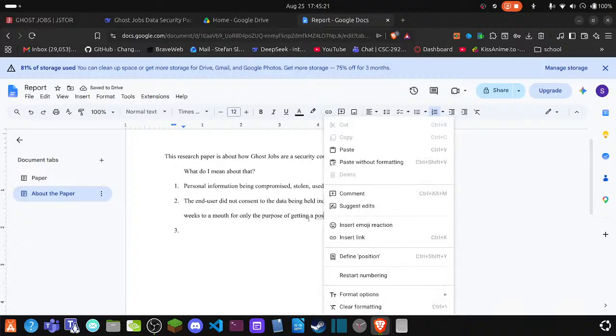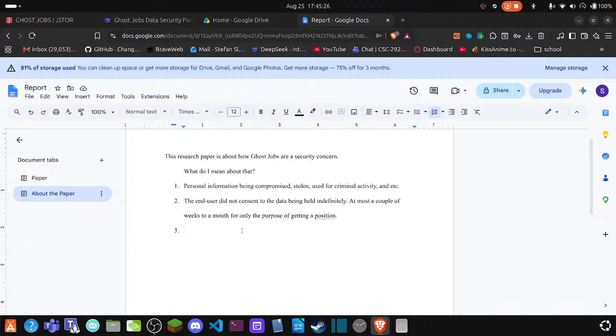So how else is it a security concern? We're talking about no form of consent, it could be used for criminal purposes, stolen, or other forms of activities.